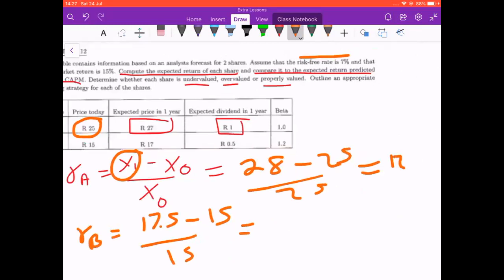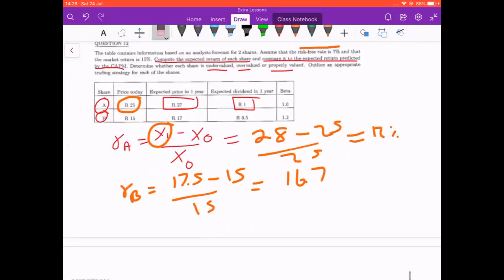So we have 12% for A, and for B we have about 16.7%. These are the expected returns of the shares, based on our calculation, so we put the E up there to show that it's expected.